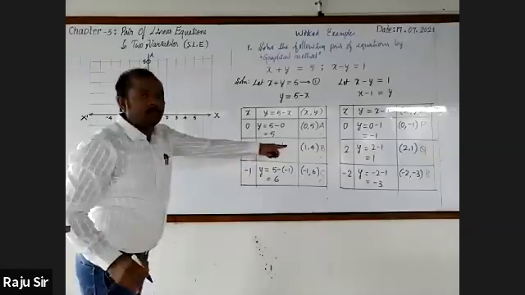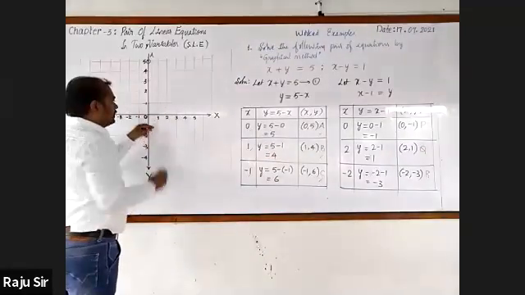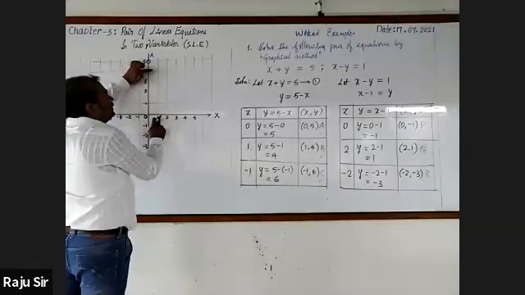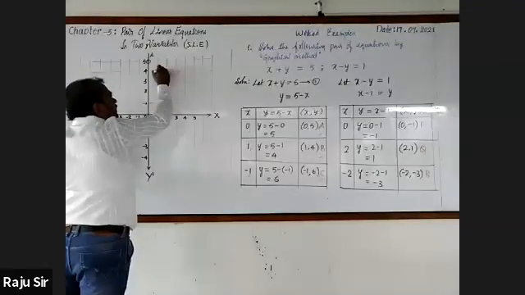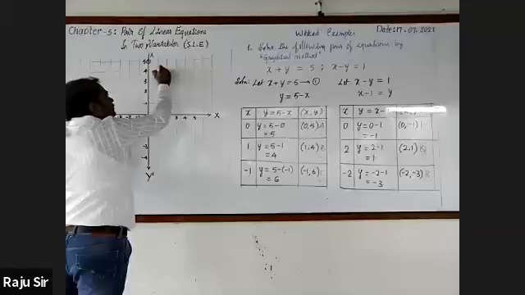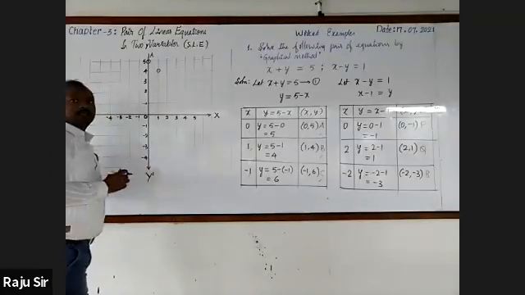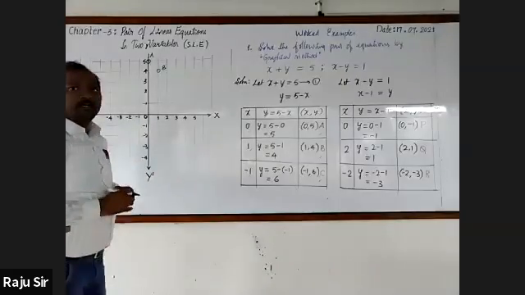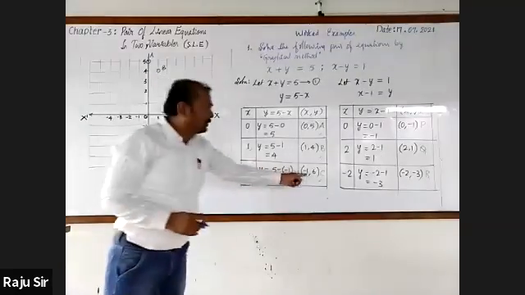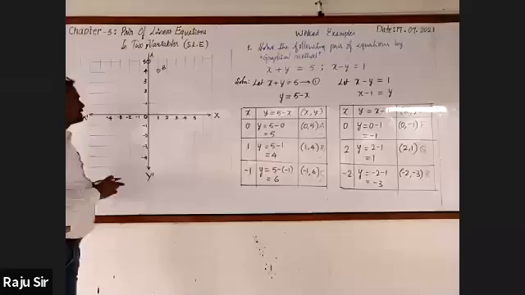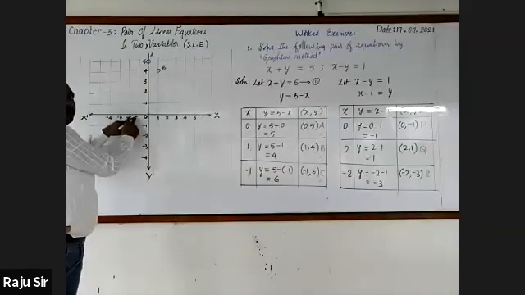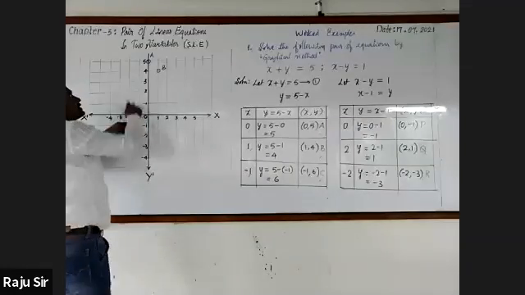Next, 1, 4. 1 is on the x-axis and plus 4 is on the y-axis. These two will intersect at a point. This is the point. Just put a dot and encircle it. Call it B. Next, -1, 6. -1 on the x-axis and plus 6 on the y-axis.